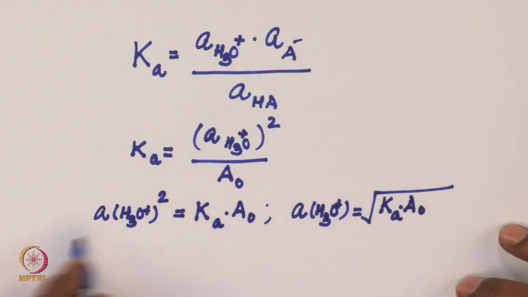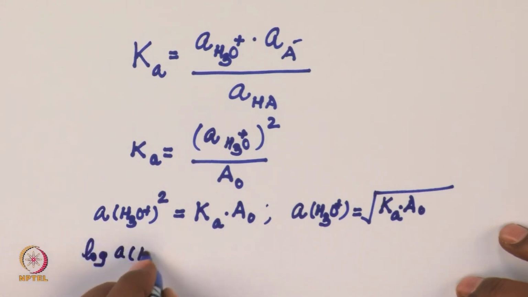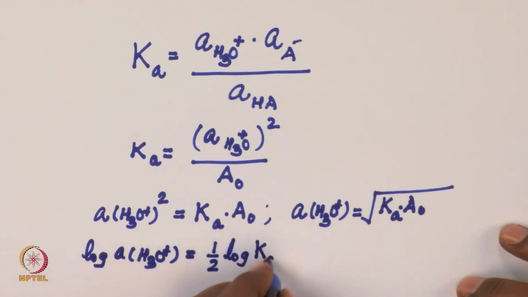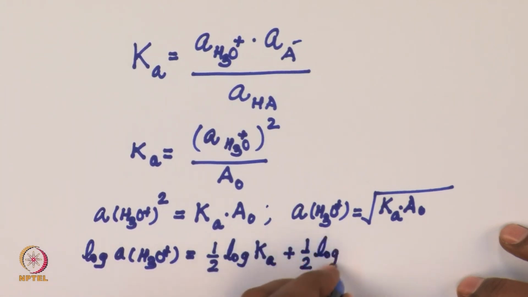And now I can take logarithm, log activity of H3O plus is equal to half log Ka plus half log A0.